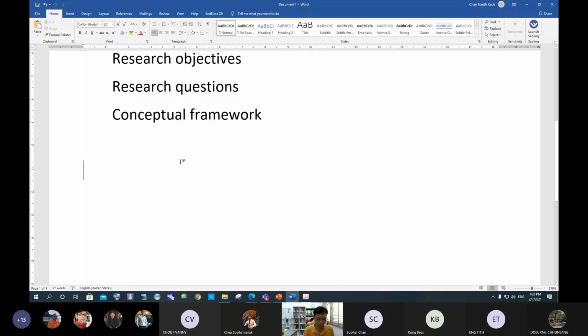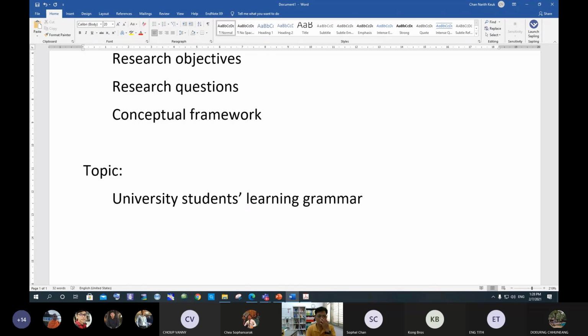For example, if your research topic is about university students learning grammar, and then you pick up fragment sentences.